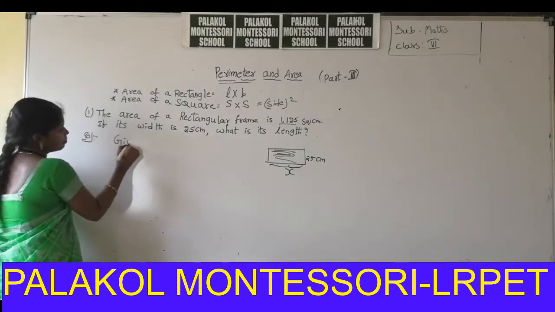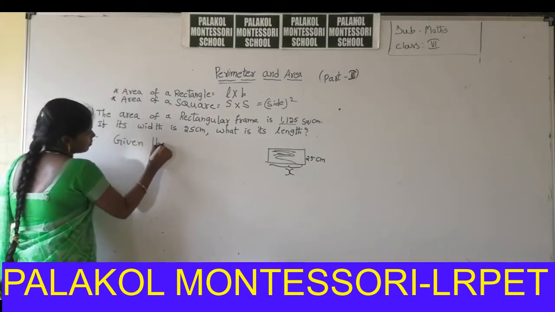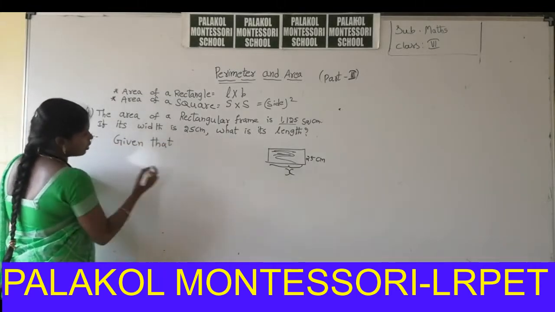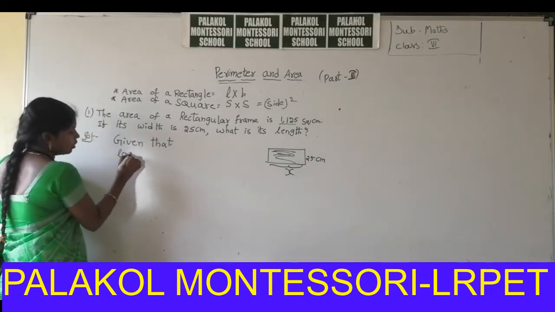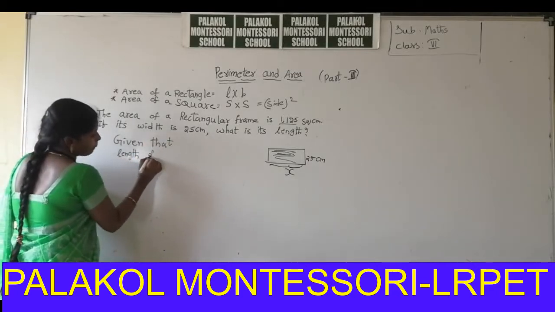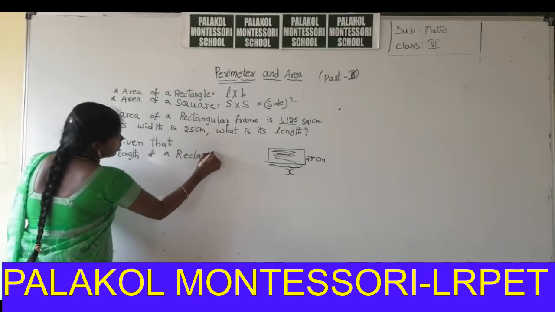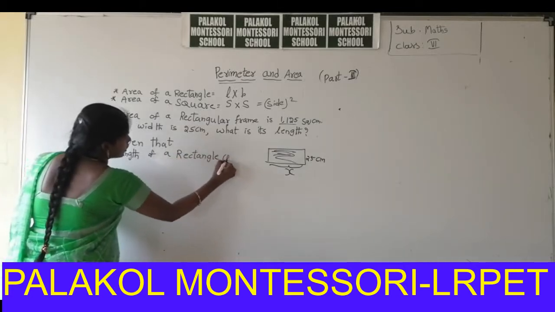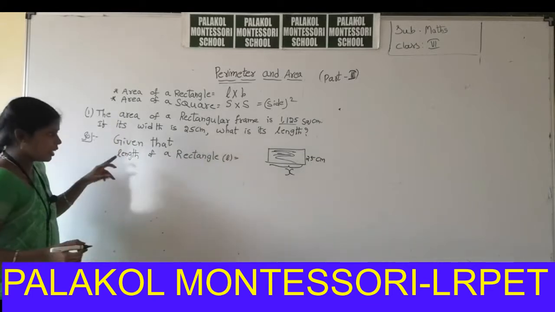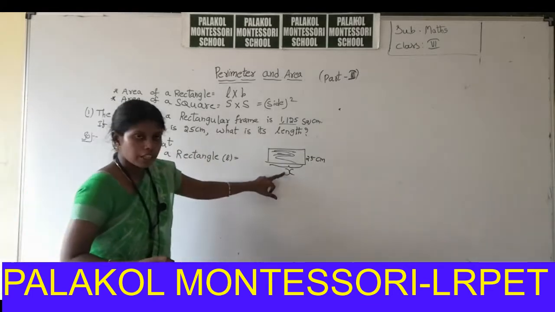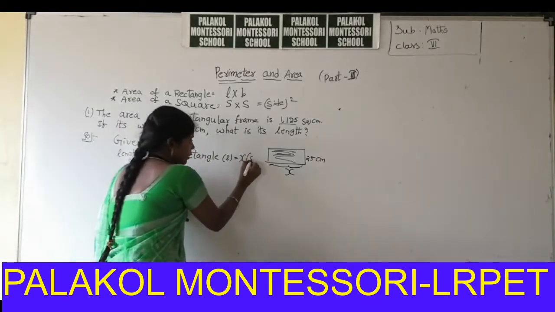First, given that, length of a rectangle is equal to, small l. L means length of a rectangle. So x, we can say x.